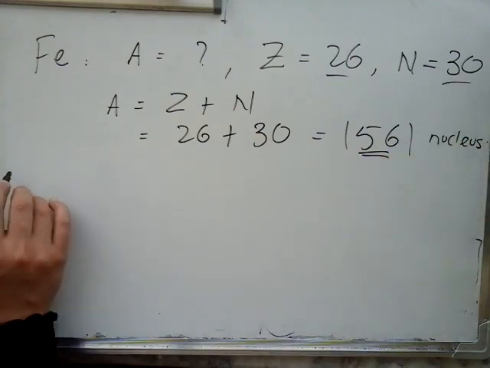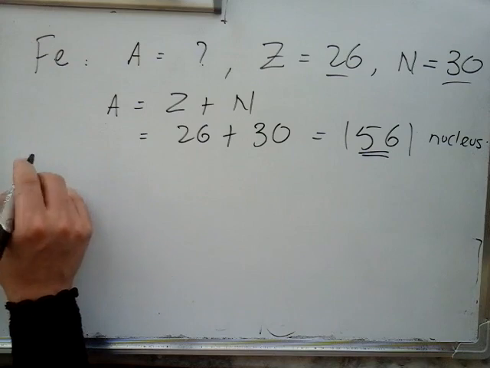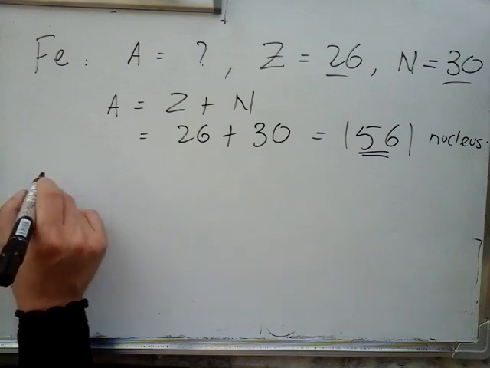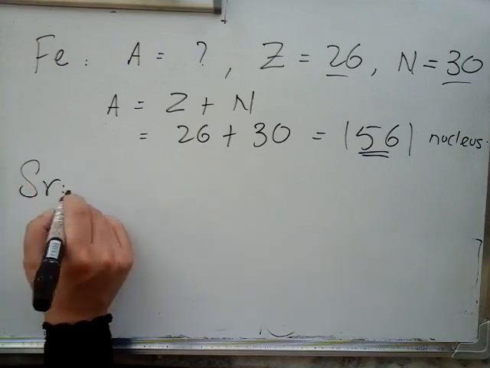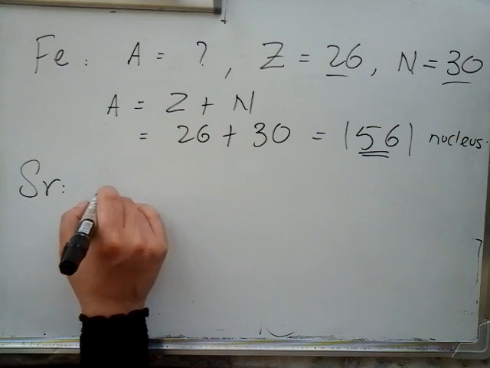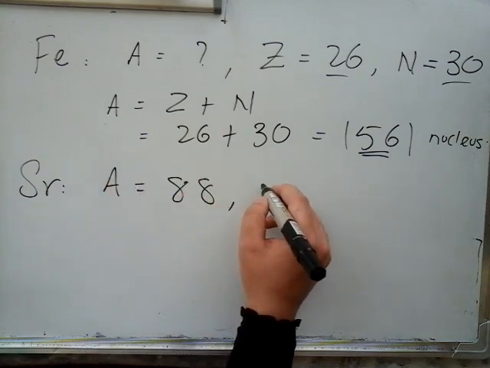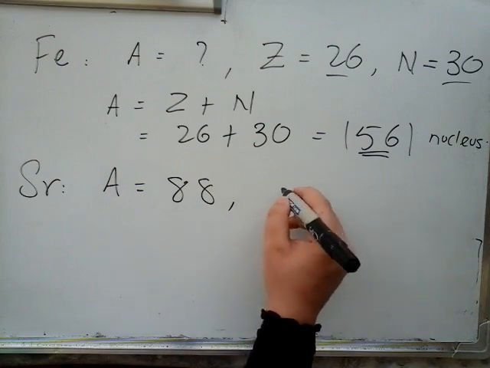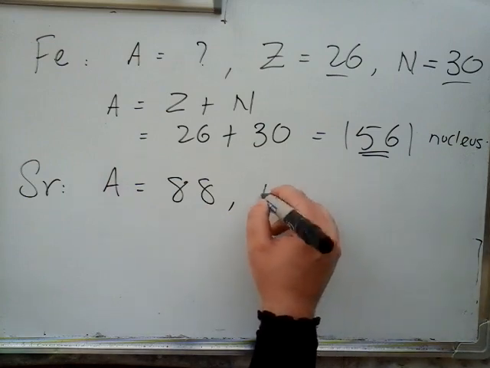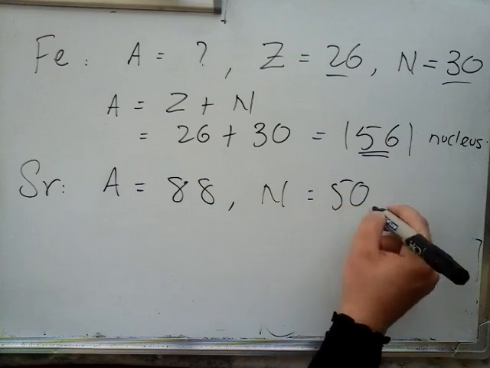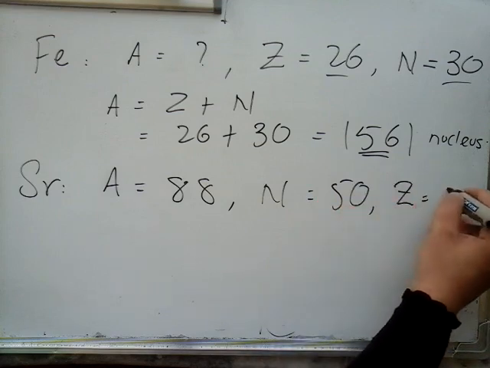In the same way, for example, let's suppose strontium. Here mass number is 88, and neutron number is 50, and we do not know the atomic number.